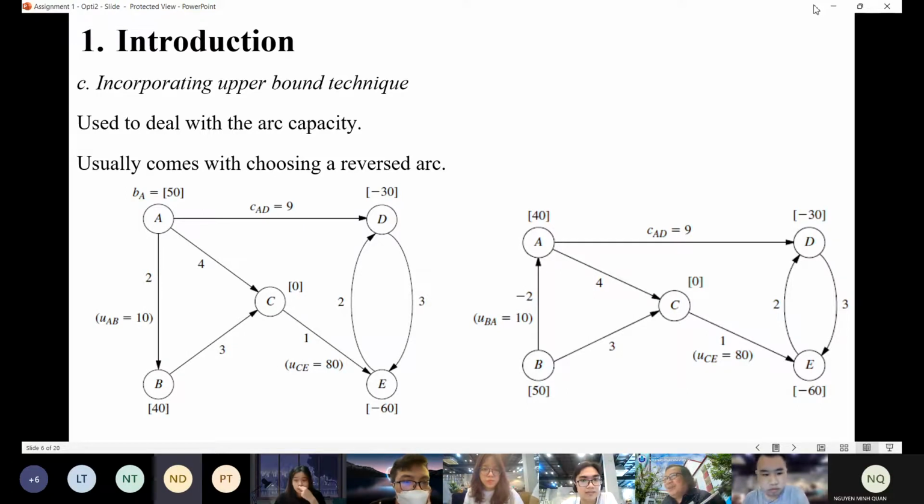And the way, the technique or the way we solve it, then we call it technique with the upper bound. But this is a problem with upper bound. So the problem with upper bound, what is the difference between this and the normal problem? That's very easy. Very simple.